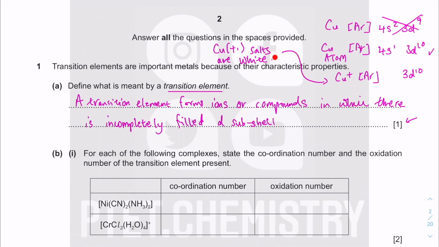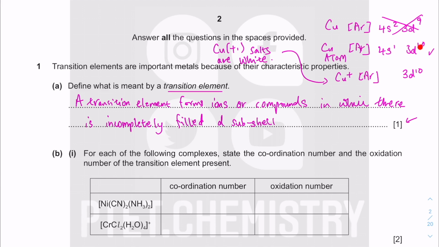The copper plus 1 salts themselves are white, just like all the main group salts like sodium salt, potassium salt, ammonium salt, because their d subshell is not incompletely filled. In fact, it's a completely filled d subshell. So you do not consider copper as a transition metal when it's copper plus 1. You consider copper as a transition metal when it forms Cu2 plus, but when it forms Cu plus, the fully filled d subshell doesn't have the characteristic properties of colored compounds for transition metals.